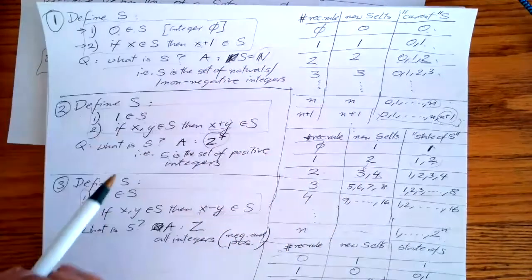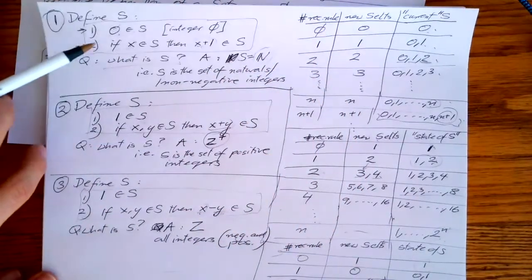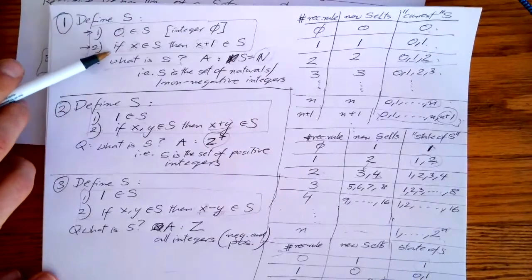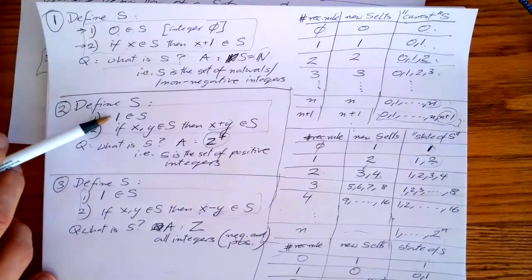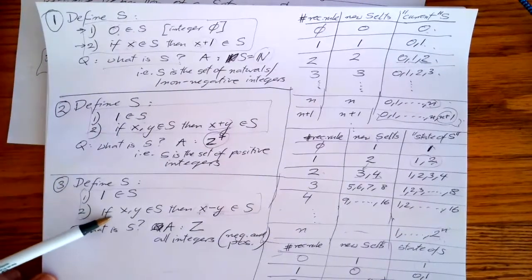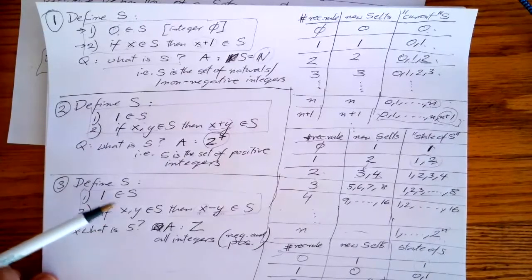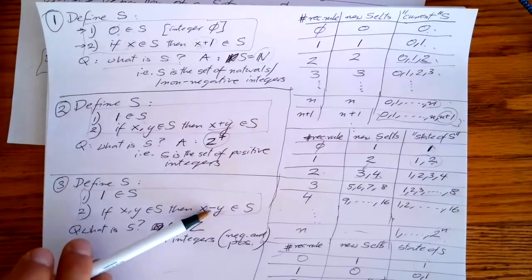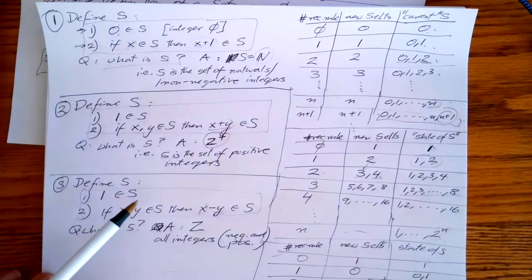If you focus on this set of base and recursive rules, the variance is really tiny, right?